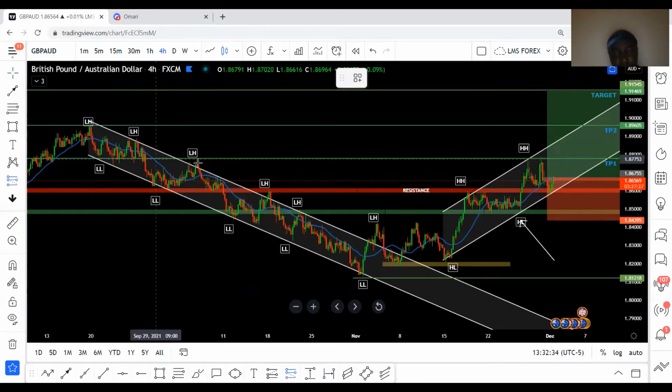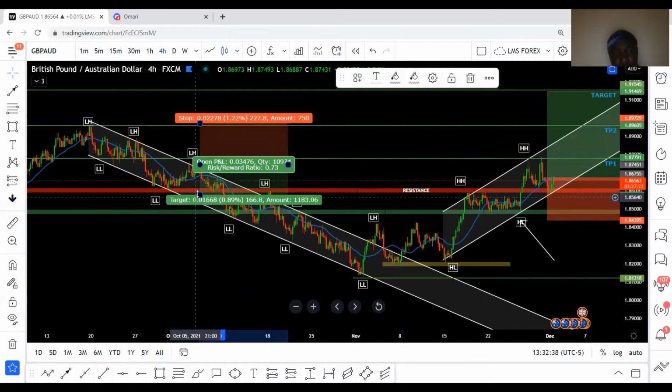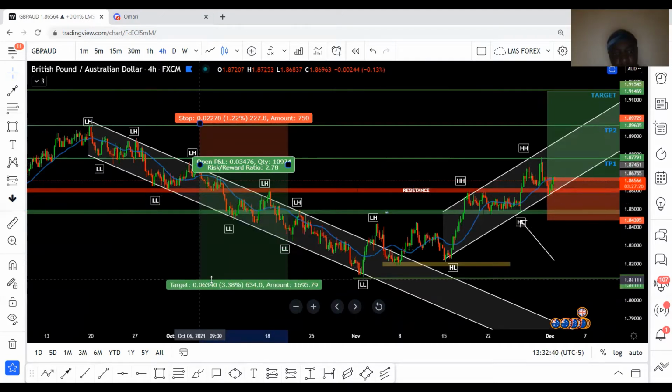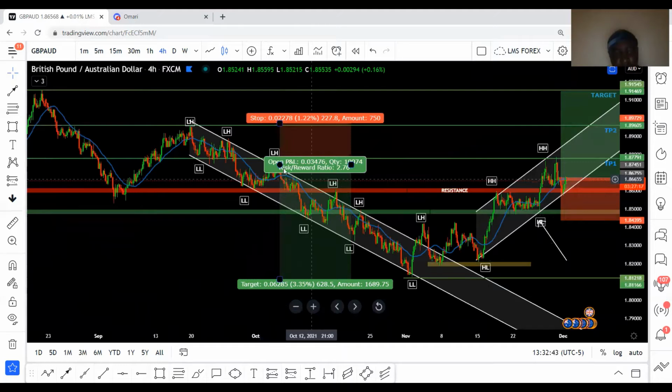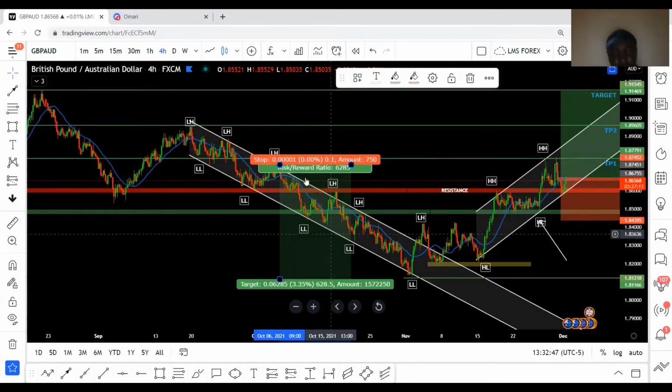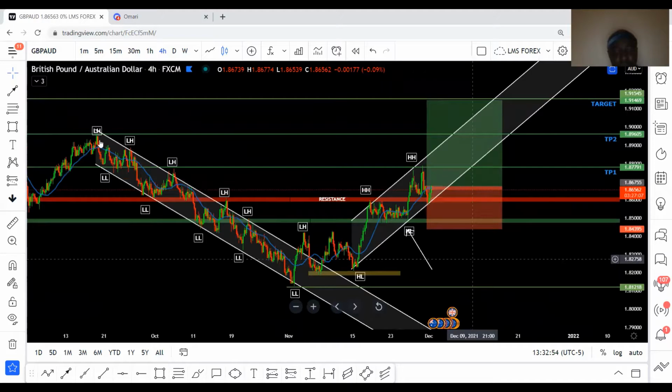So if you were to enter a position here, your stop should always be above that previous lower high, and you can target, let's say, here. As the price is moving, you start trailing your stops so your position is safe. That's exactly what happened in this particular situation.